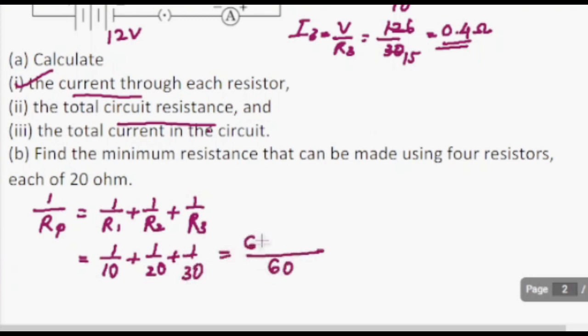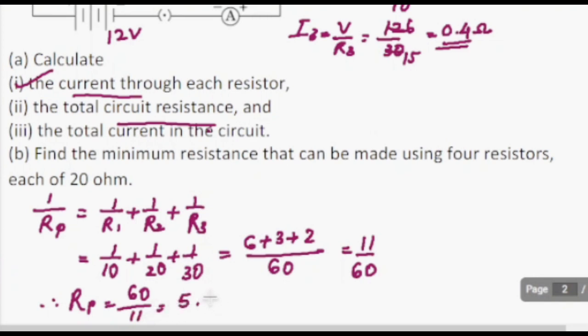So 6 plus 3 plus 2, 11 by 60. Therefore, RP will be 60 by 11. In decimal, you will get 5.45 ohm. That is the total circuit resistance.